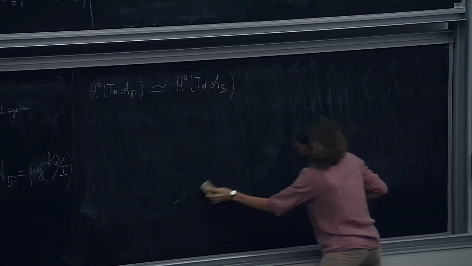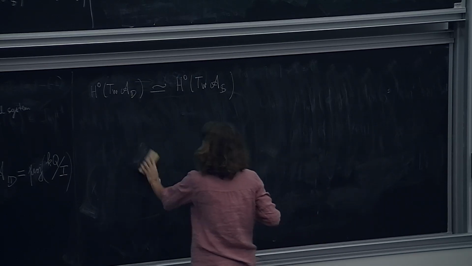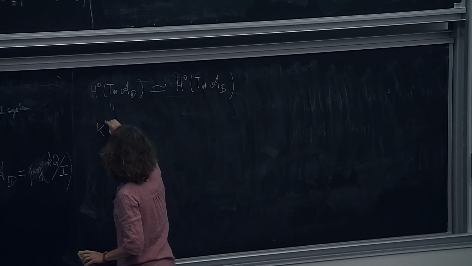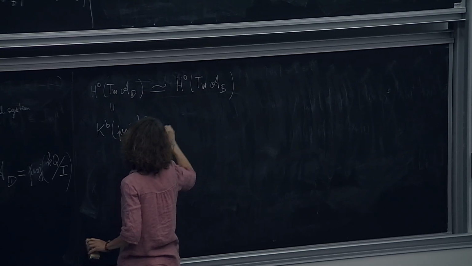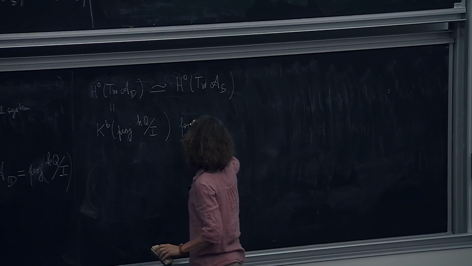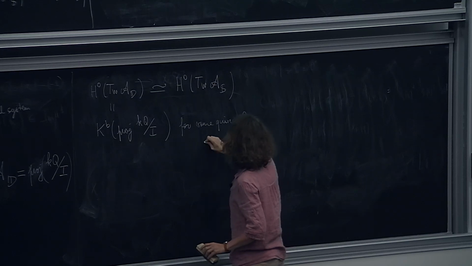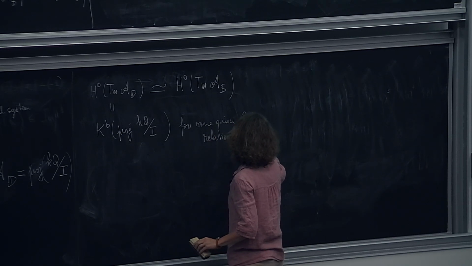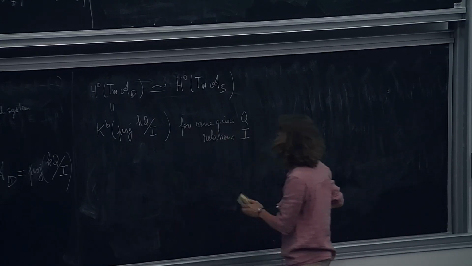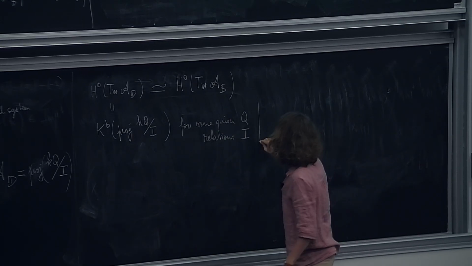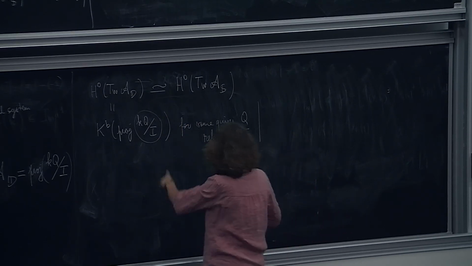And this one is K-b proj of KQ over I, for some quiver Q and relations I. This is the kind of algebra that appears here.